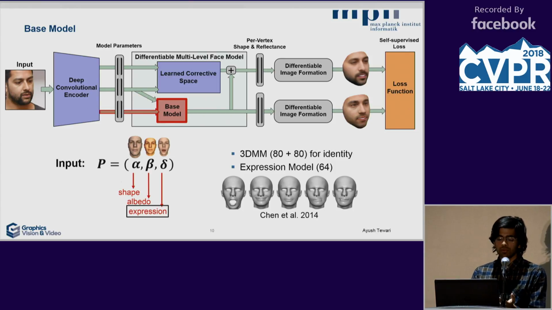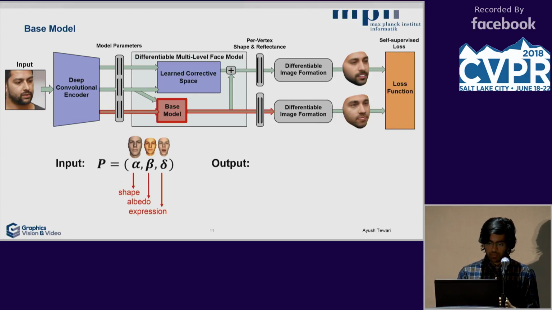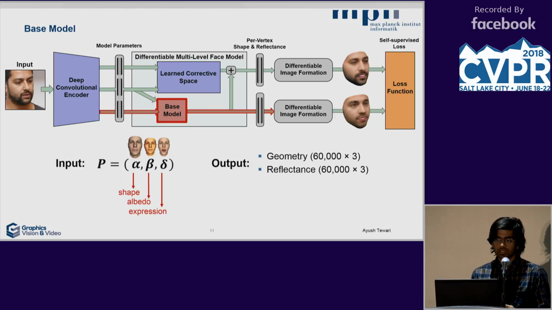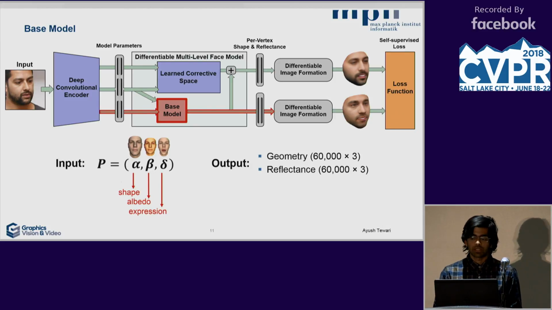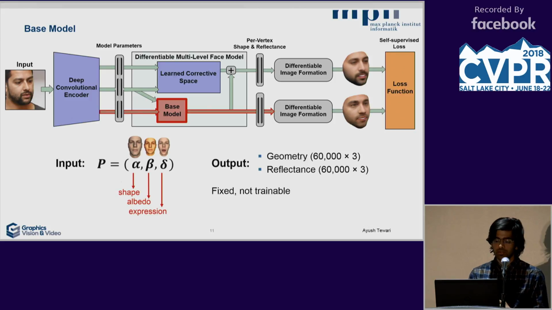And we have a few parameters, 64 here, which are for the expressions. The output of the base model is the per vertex reconstruction of both the facial geometry and the skin reflectance. Note that this base model, both the 3DMM and the expression model, are completely fixed and not updated during training.